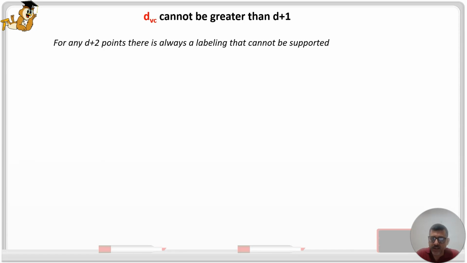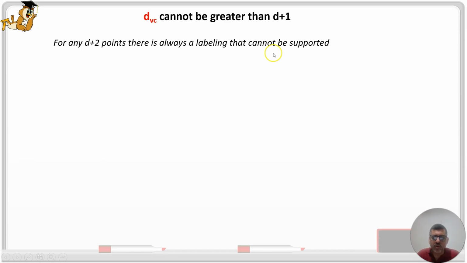Right? I'll repeat. If I have to prove that dVC cannot be greater than d plus 1, I have to show you that you may give me whatever placement of points you want. I will give you a labeling such that you will not be able to find a hyperplane that creates that sort of a labeling.